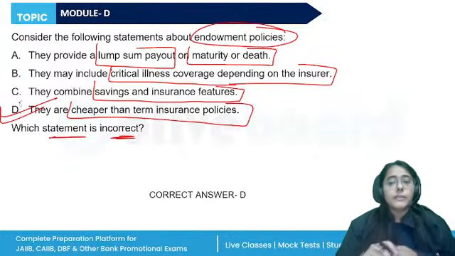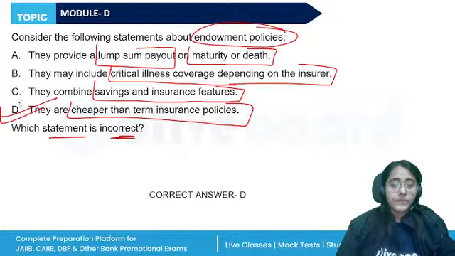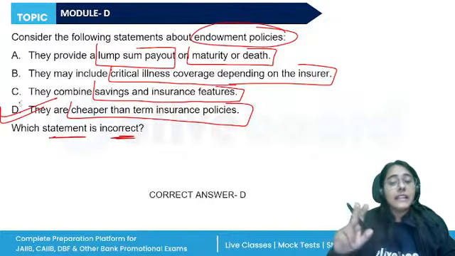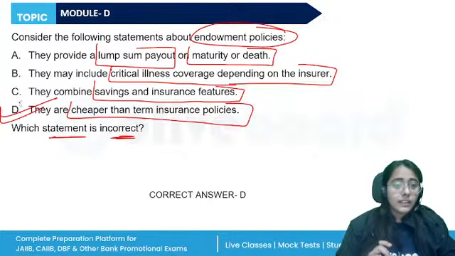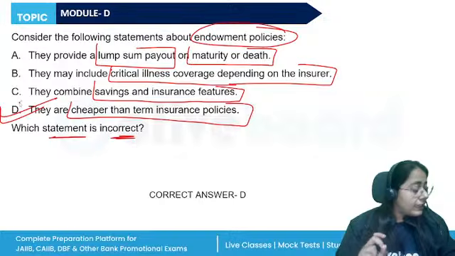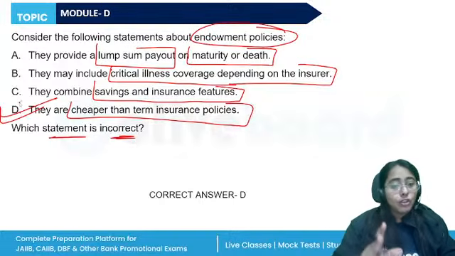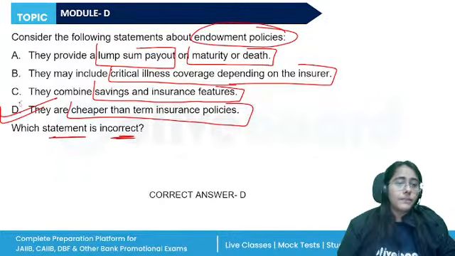That is why term insurance policy is cheaper. The policy holder does not get any monetary benefit at the end of the policy term except for the tax benefit. Only on their death, the nominees get the amount.